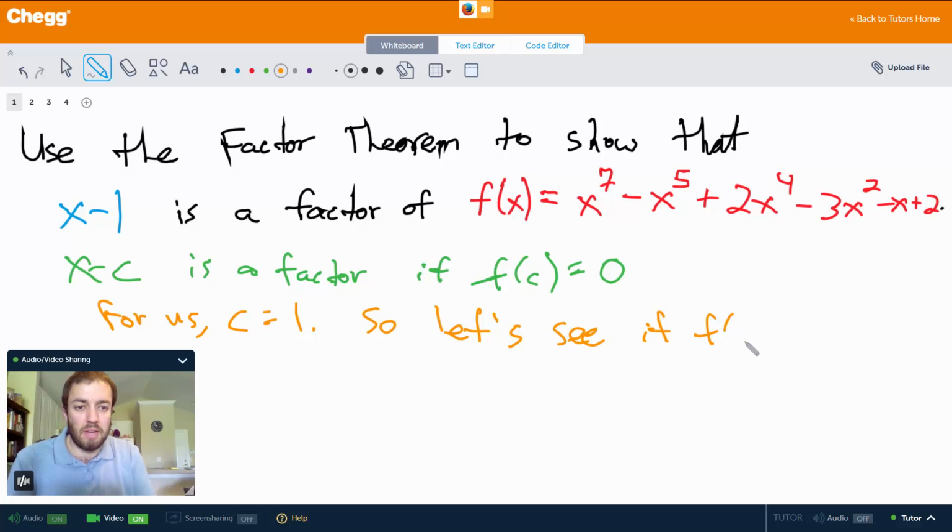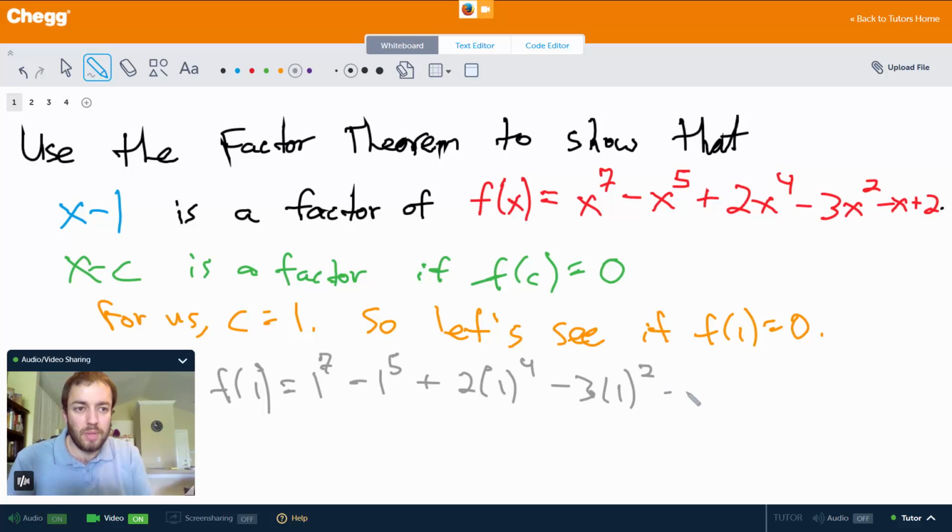So let's see if f of 1 equals 0. We have f of 1 equals 1 to the 7th minus 1 to the 5th plus 2 times 1 to the 4th minus 3 times 1 squared minus 1 plus 2. All I did was take 1 and stick it in for x.